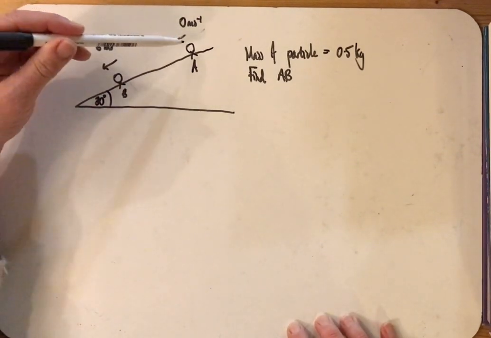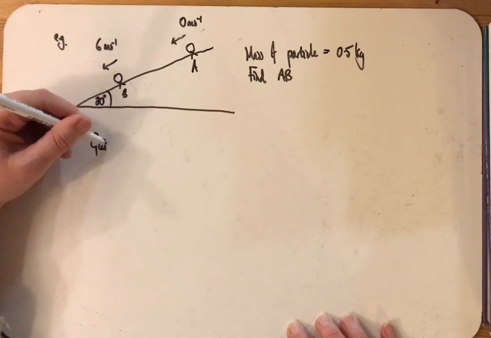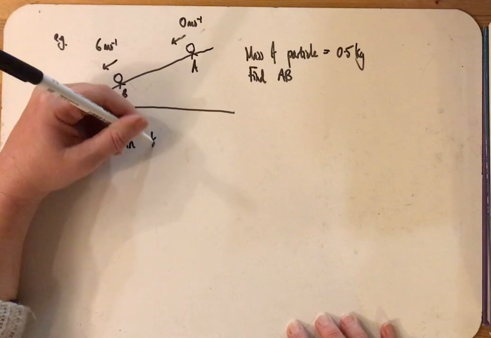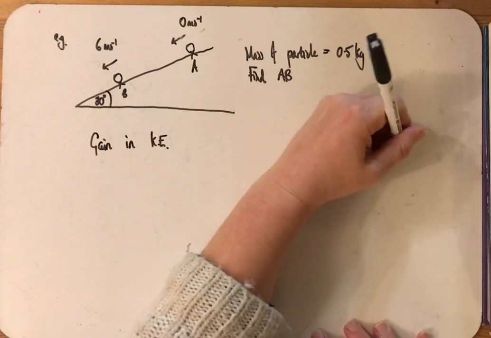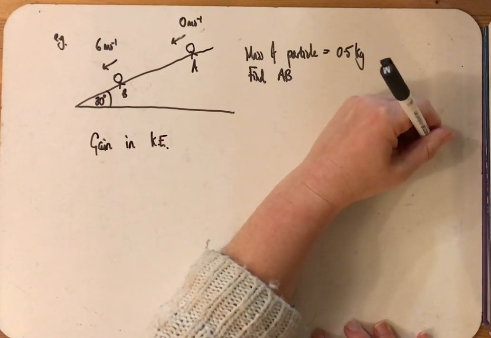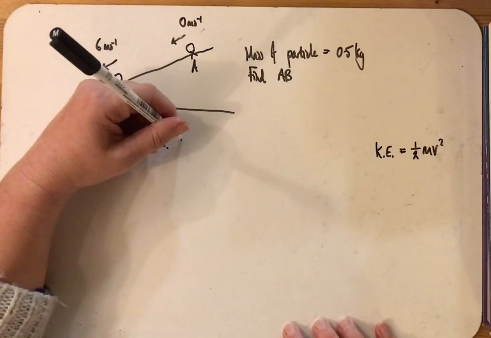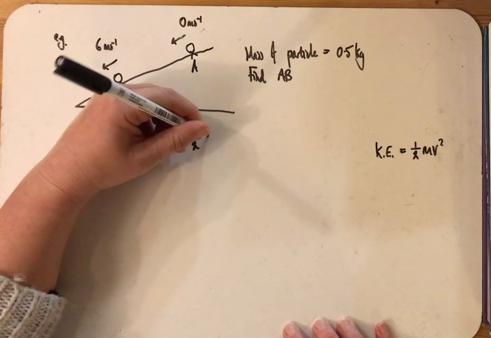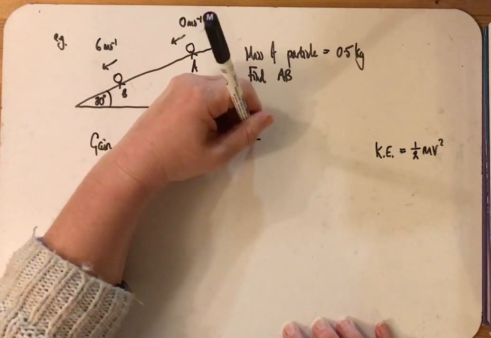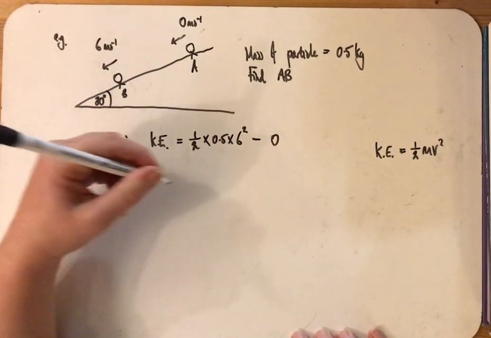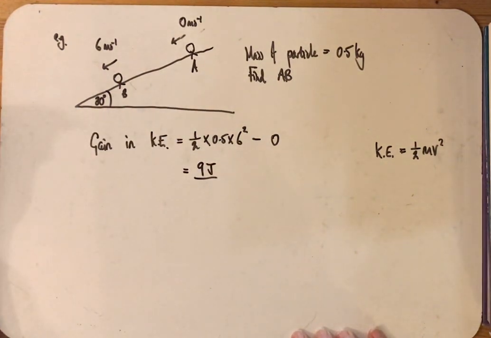So we can think about the gain in the kinetic energy, and kinetic energy is a half mv squared, where v is the speed, not the velocity, the speed of the particle. So we finish on a half times m times 6 squared, and we started with no kinetic energy because it started from rest, and so the gain in kinetic energy is 9 joules.